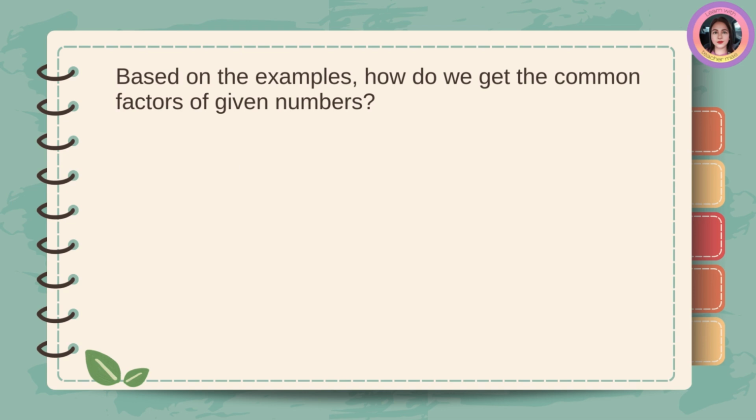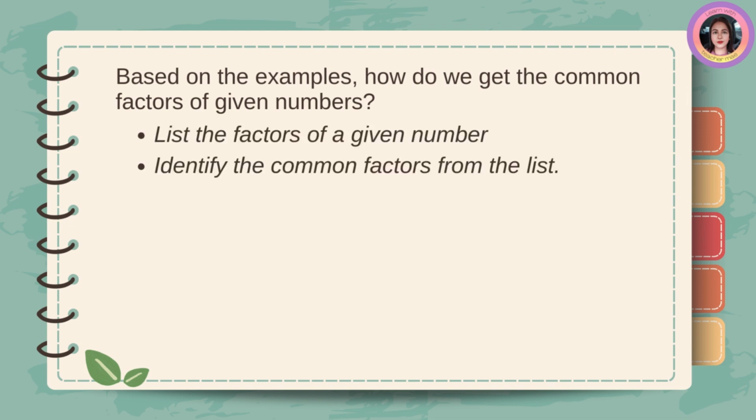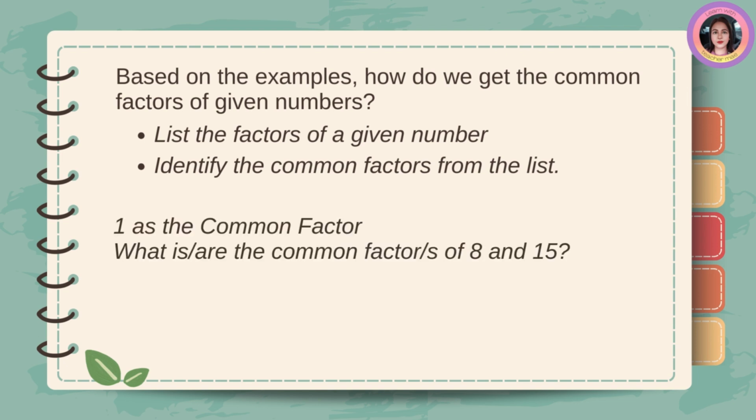Based on the examples, how do we get the common factors of given numbers? List the factors of a given number. Identify the common factors from the list. 1 as the common factor.